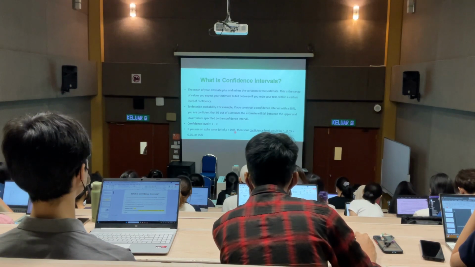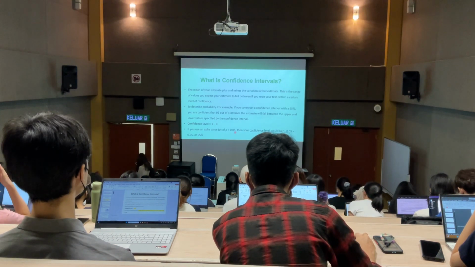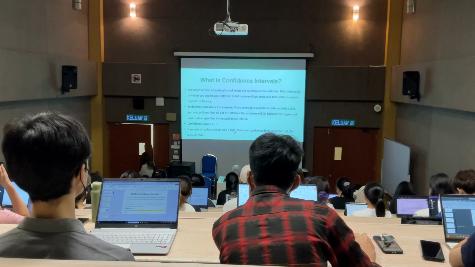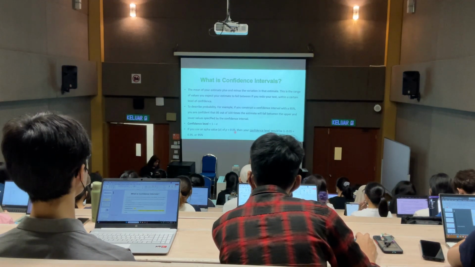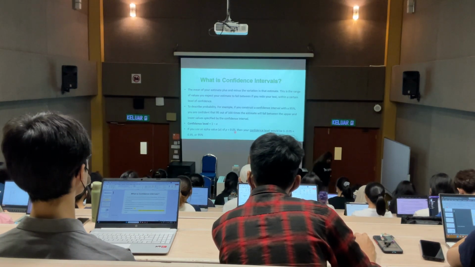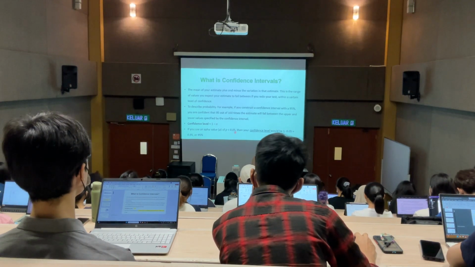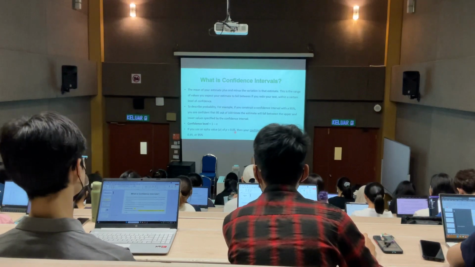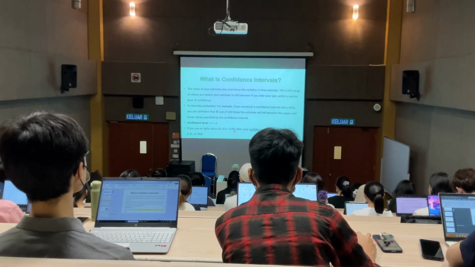For example, if you construct a confidence level of 95%, what does that mean? It means that you are confident that 95 times out of 100 times, your estimate, the sample statistic, the calculation that you do, will fall between the upper and lower values specified by the confidence level.